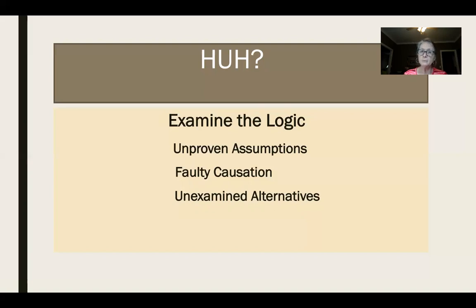We expect all assumptions to be proven unless they are disciplinary. I mean, every discipline has its own sort of core assumptions, but other than those, other assumptions need to be proven. Then there's faulty causation.